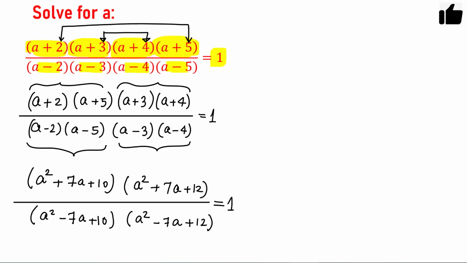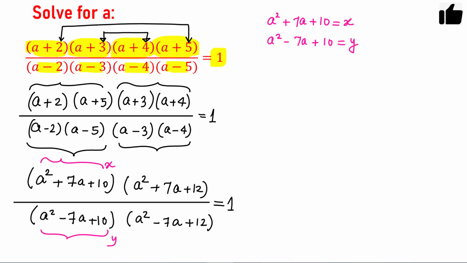Now let us make a substitution: this term is equal to x and this term is equal to y. This means a square plus 7a plus 10 is equal to x, and a square minus 7a plus 10 is equal to y.